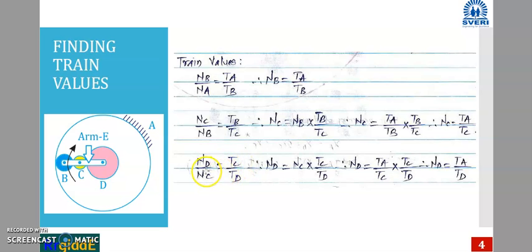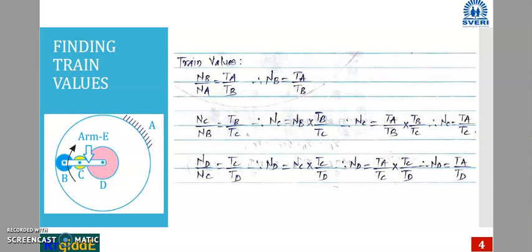Again, the train value with respect to the combination of gears C and D, that is ND upon NC is equal to TC upon TD. Therefore, ND is equal to NC into TC upon TD. Therefore, ND is equal to TA upon TC into TC upon TD. Finally, ND is equal to TA upon TD.